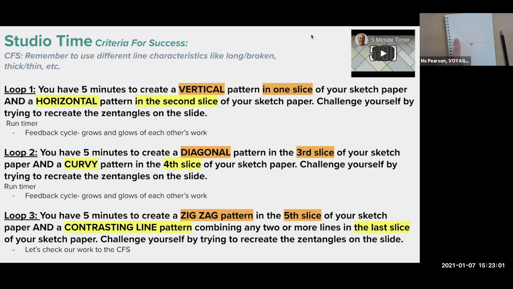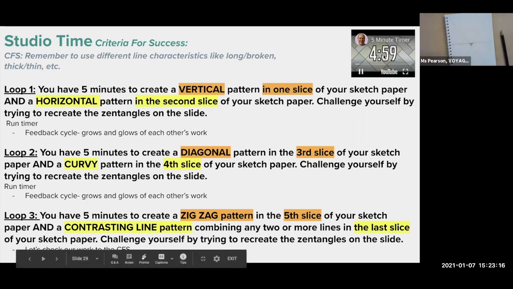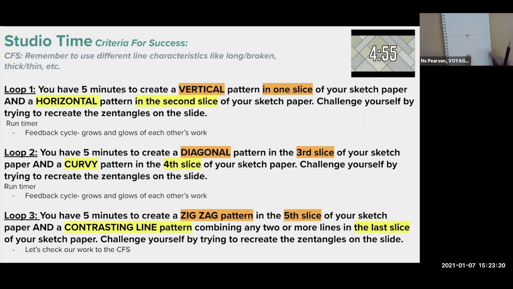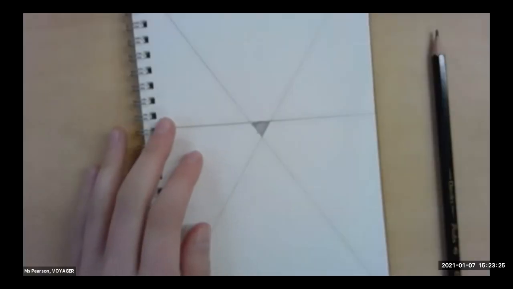Within that same 5 minutes, we're going to also create a pattern only using horizontal lines. So the second slice, only using horizontal lines. All right, I'm going to start the timer. And here we go. I'm going to start over here. You don't have to start here. You can start over here, here, wherever you want to go. That is a-okay.